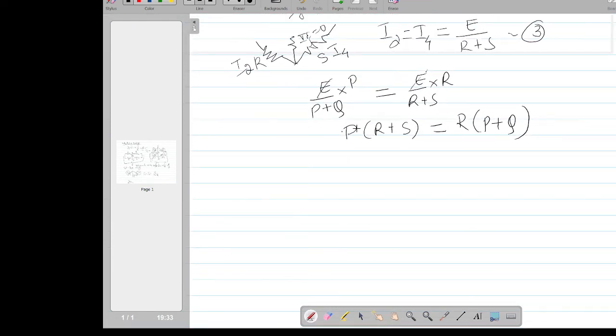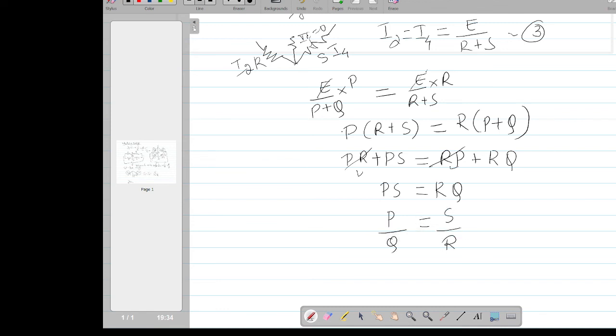So by solving this, PR plus PS equals RP plus RQ. Here PR is there and here PR is there, so PR gets cancelled, and what we get is PS is equal to RQ. So this is nothing but P divided by Q is equal to S divided by R. So we have known values of resistors P and Q, and there is a standard resistance.